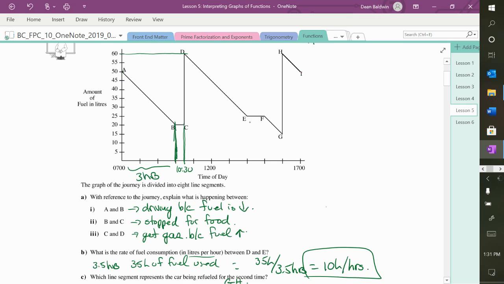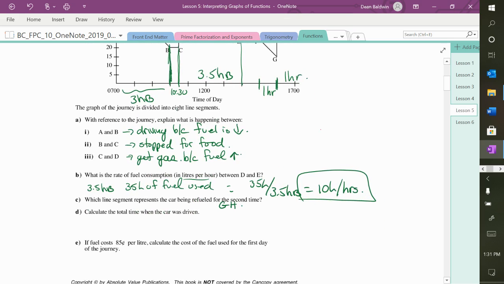And then from C to E, we said that was 3.5 hours. F to G is 1 hour. And then H to I is another hour. So how many hours? 8.5 hours. We're not going to worry about the last one.